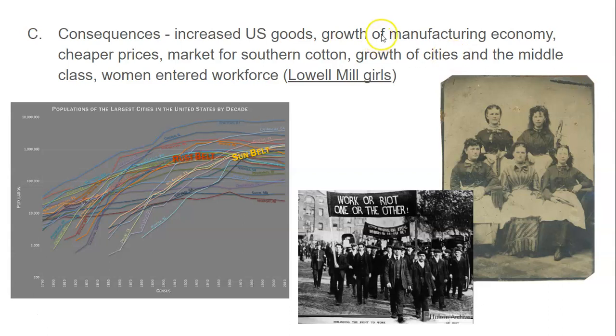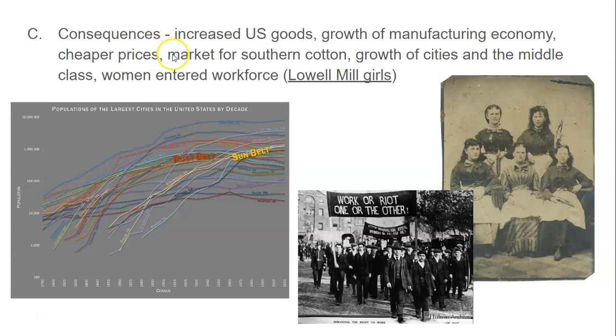It's going to put money back into the factories, which is going to help strengthen the manufacturing economy in the North, as well as the overall American economy. When people are not making things by hand and are mass manufacturing them now, prices are going to go down because there's so many goods available. Think about supply and demand. If you have a ton of something, a lot of supply, the price goes down.